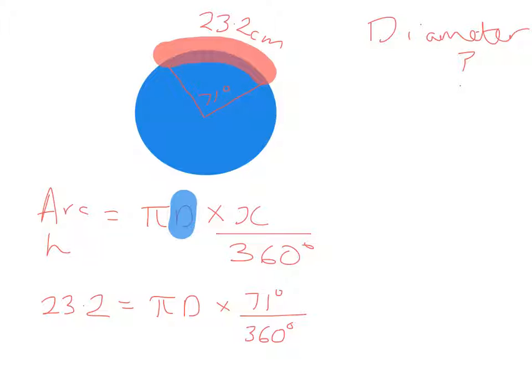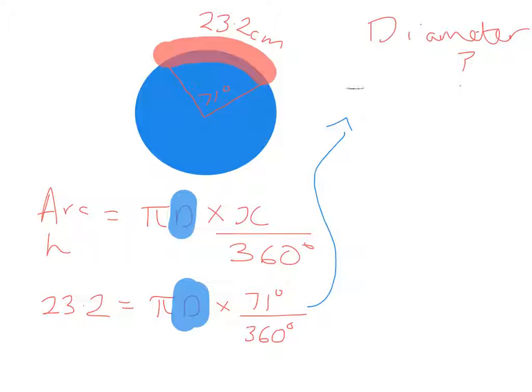What I want to do is I want to make D the subject of the formula. I want it to be a D equals equation, because that will allow me to calculate the diameter. What I'm going to do is, first I am just going to bring my working up here just for space.